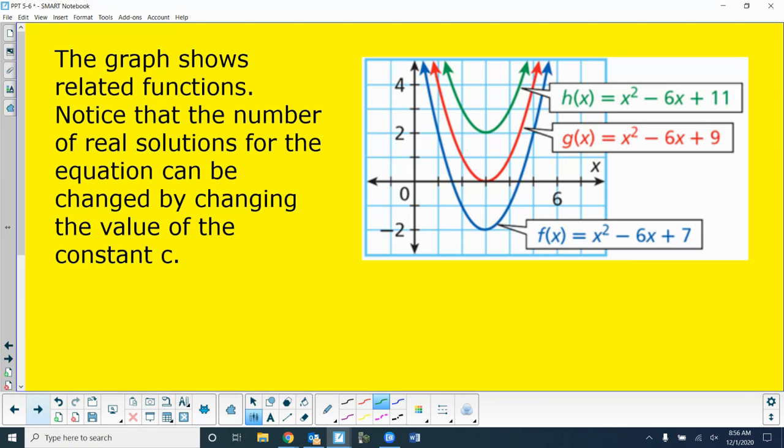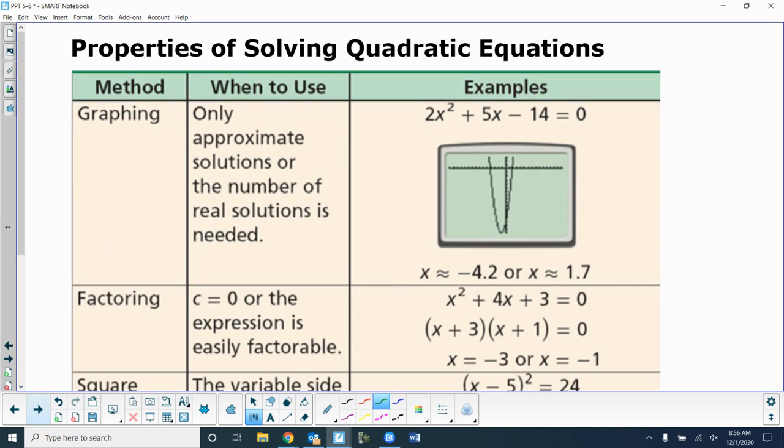All right, here's your assignment. Again, they're just showing you different parabolas. The first two parts, the a and the b, are the same. The c's change. Okay? The blue one, there's two real solutions. The red one, there's one real solution. The green one, there's two non-real solutions. Okay? They're just showing you that.